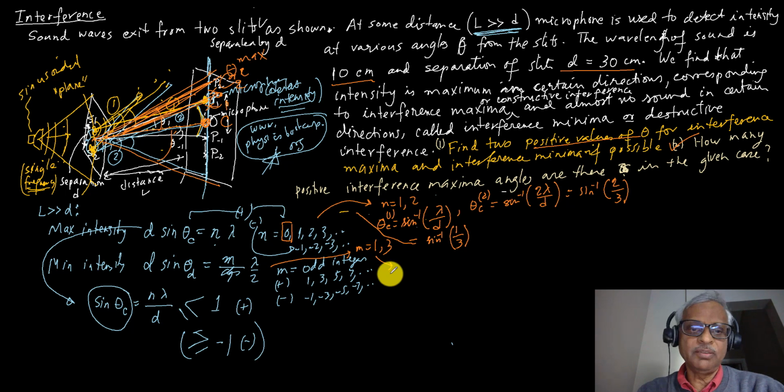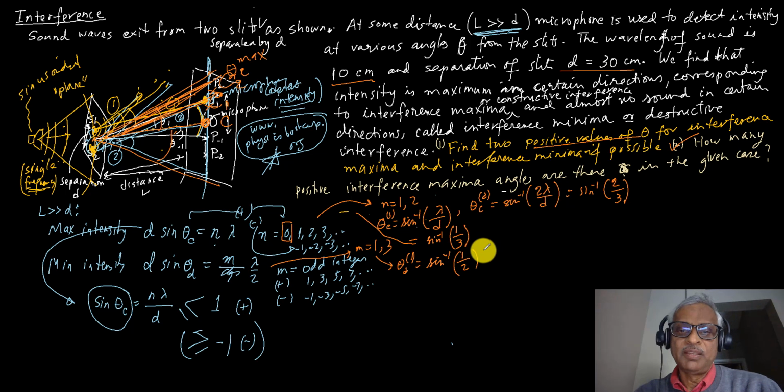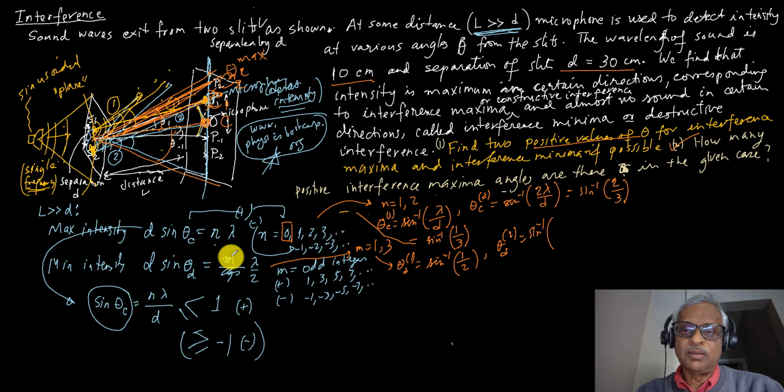For the destructive, theta destructive 1 is going to be arc sine inverse, m equals 1, so 10 over 20, so 1 over 2. And then theta destructive 2 will be arc sine inverse 3 times 10 over 2 times 30.